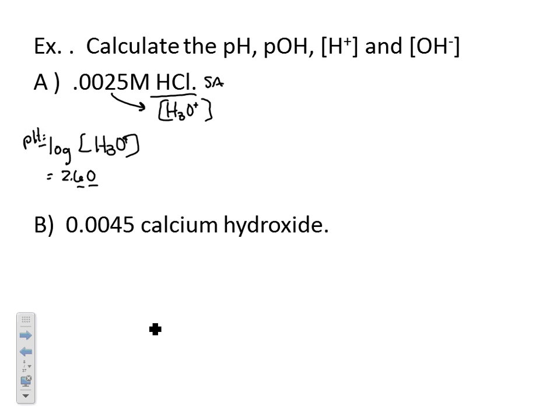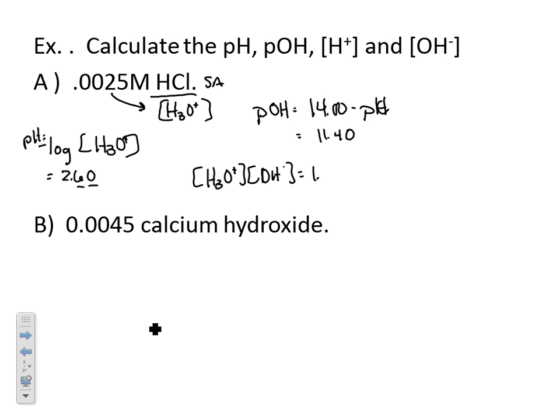If we want to know the pOH, we can use the formula pH plus pOH equals 14. So pOH is equal to 14 minus the pH. So 14 minus 2.6, 11.40 for the pOH. And then there are 2 ways we can get the hydroxide ion concentration. We can either use the Kw for water, which says hydronium concentration times hydroxide concentration equals 1 times 10 to the negative 14.